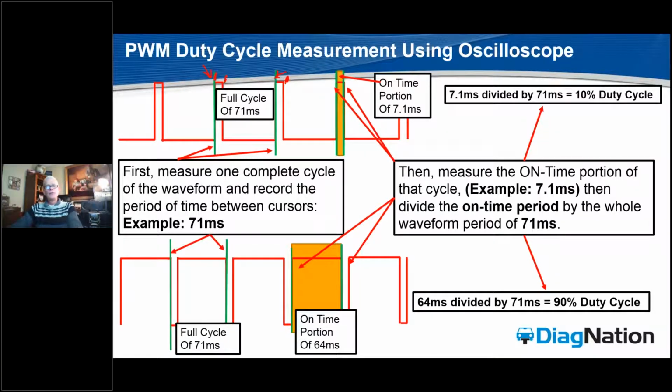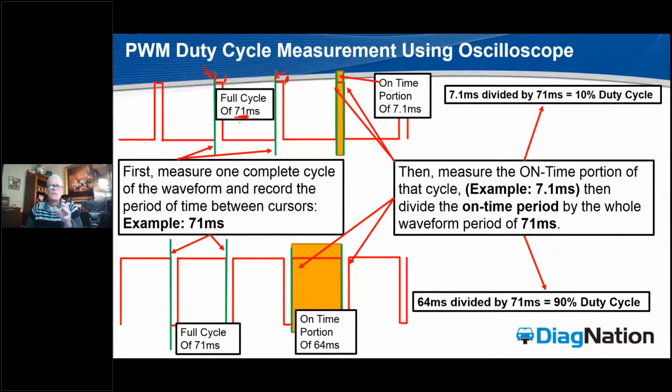Now, if you look at the graphic, we've got a 71 millisecond full cycle here. And what we're going to do to get the actual number on the scope is we can set up a math channel if one exists. For example, Pico, some Snap-on, ATS. There's a few of the manufacturers out there whose scopes are configurable with math channels that can look at this duty cycle, okay?